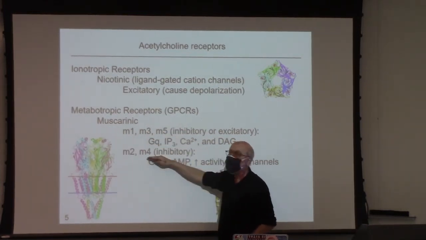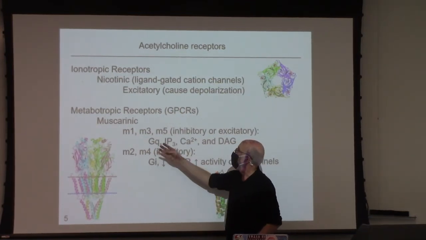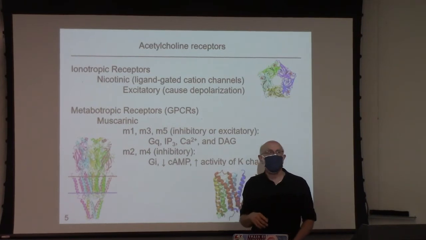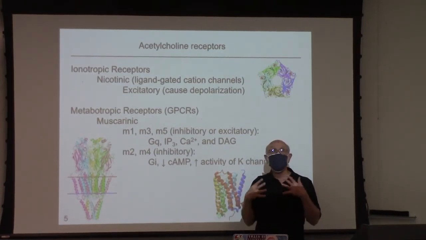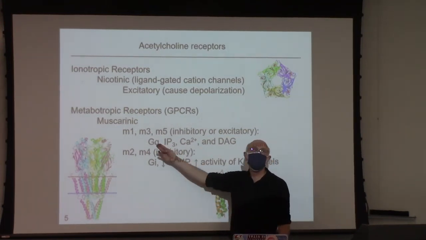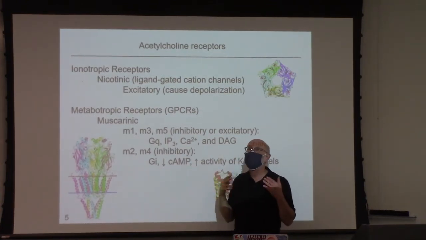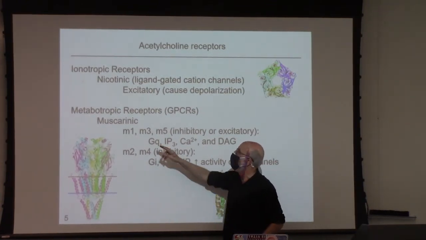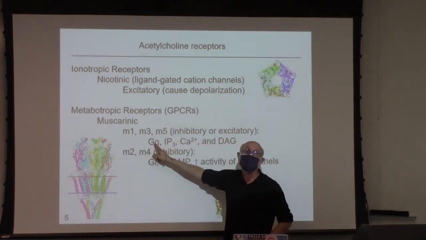There are multiple types. I do not want you to know the names and the G proteins that are coupled to the different types of muscarinic receptors. If I want you to tell me a story, I will tell you, start with GQ. I do want you to know the GQ story, but I do not want you to memorize that the M1, M3, and M5 subtypes of muscarinic receptors are coupled to GQ.